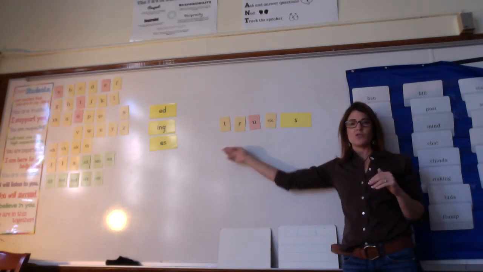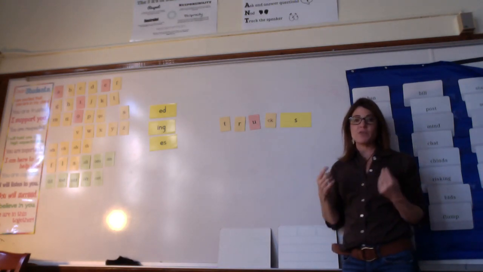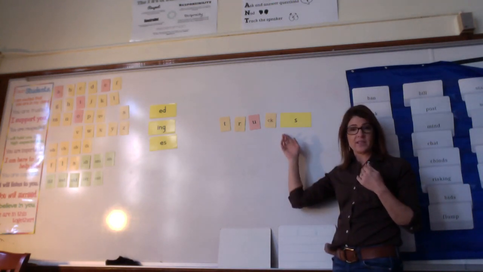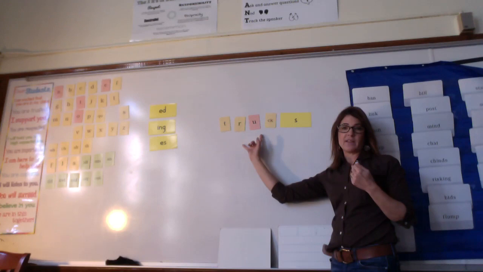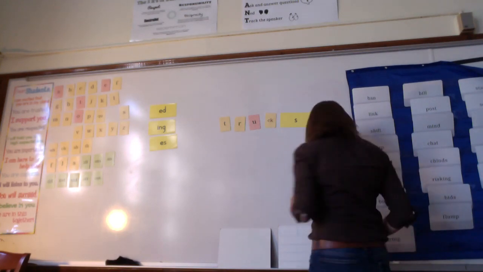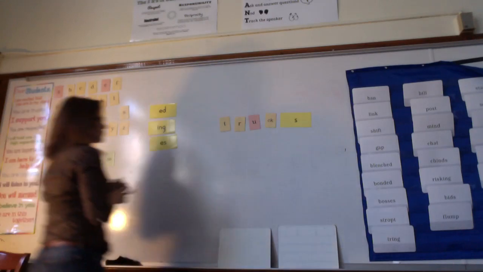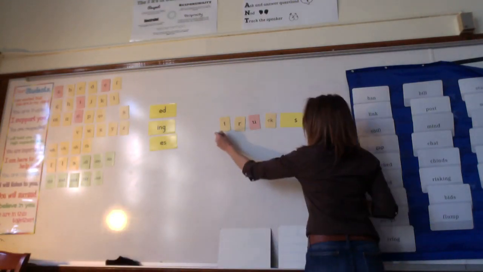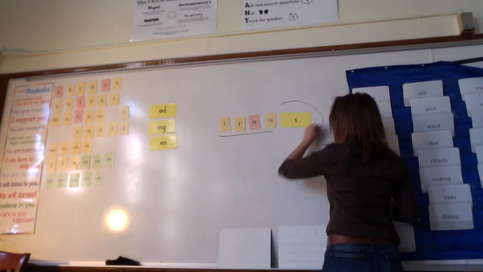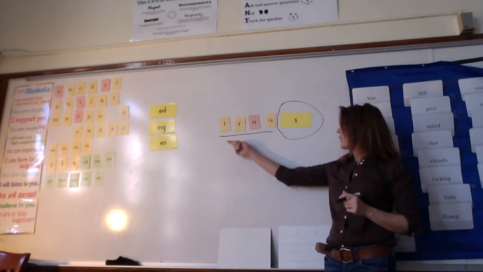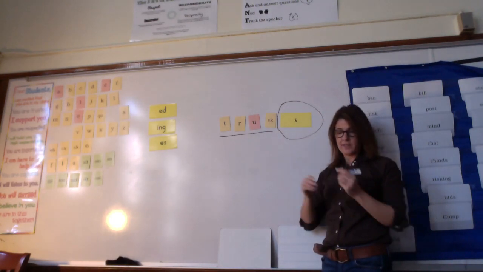The reason for that is that tells me that you know that the S is a suffix and you're able to identify the base word. The way you mark that up is you underline the base word and then you circle the suffix. So base word, suffix.